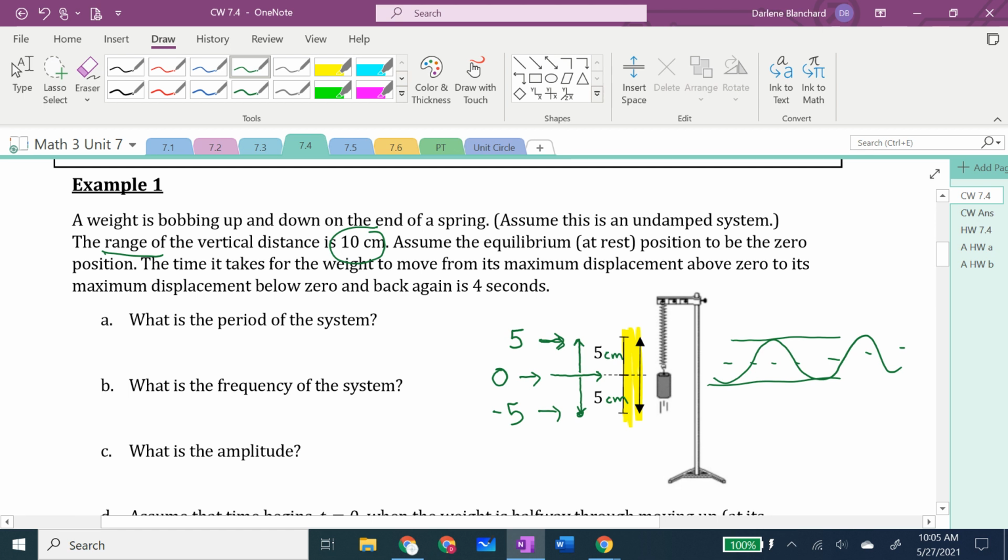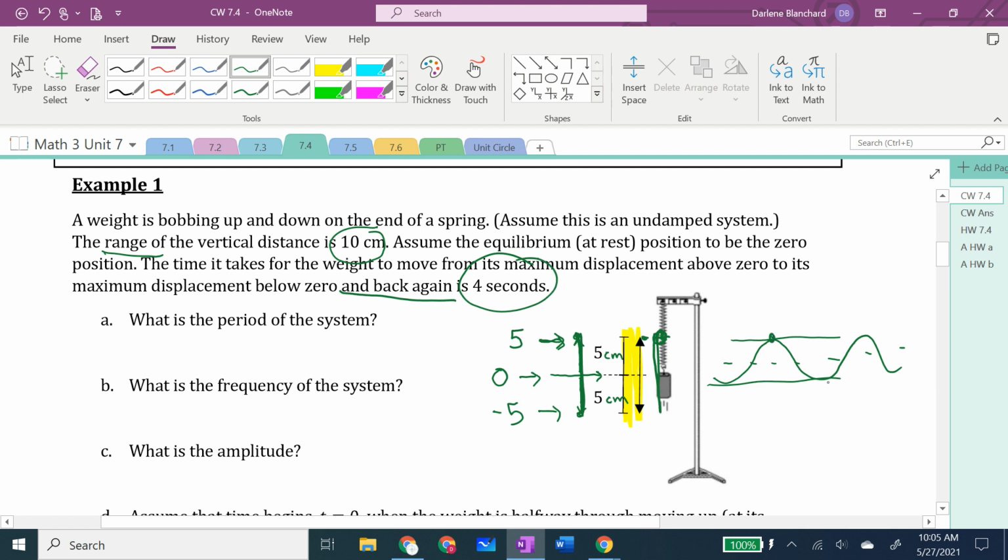The time it takes for the weight to move from its maximum displacement above 0 to its minimum displacement below 0 and back again is 4 seconds. So that's saying that it's up here, and the amount of time it takes for it to go down and back again is 4 seconds.